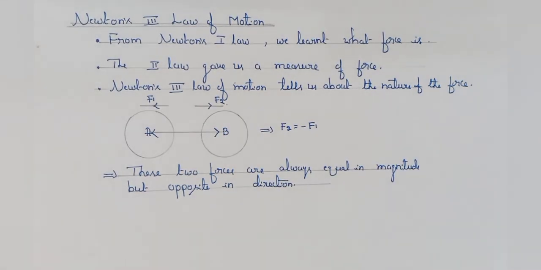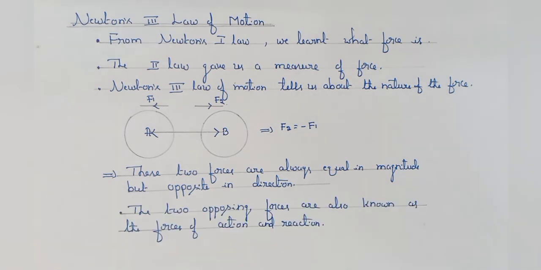The two opposing forces are also known as the forces of action and reaction. The two forces of action and reaction act on two different objects A and B. They never act on the same object.